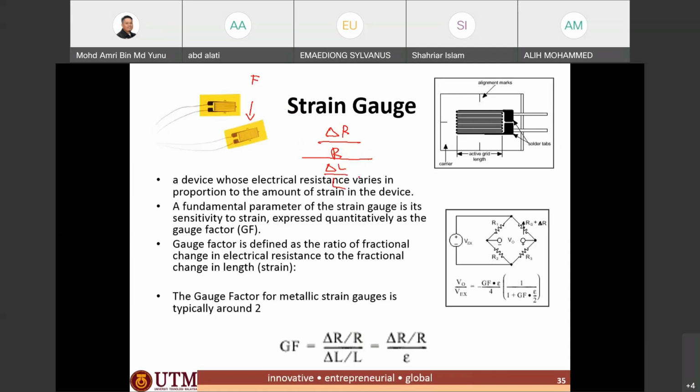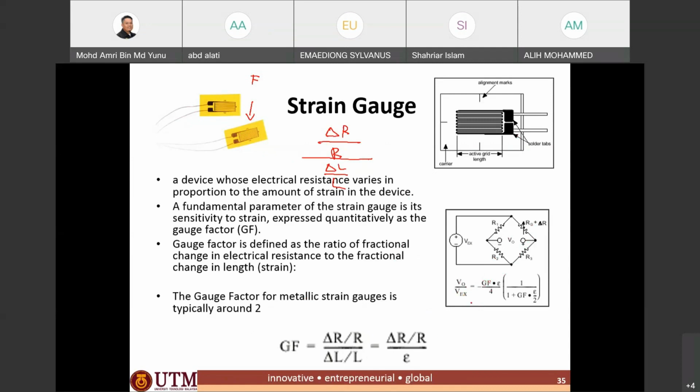The gauge factor for a metallic strain gauge is around 2. And this device can be converted into output voltage by using a Wheatstone bridge as shown in this figure, where the output Vout is a function of the gauge factor.